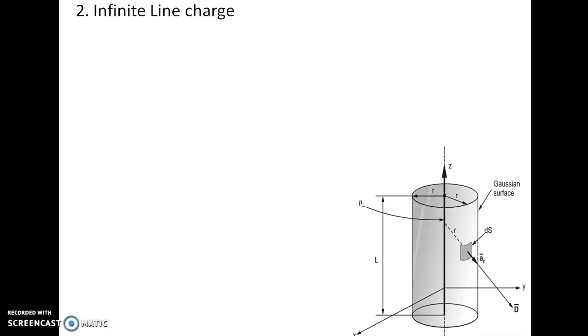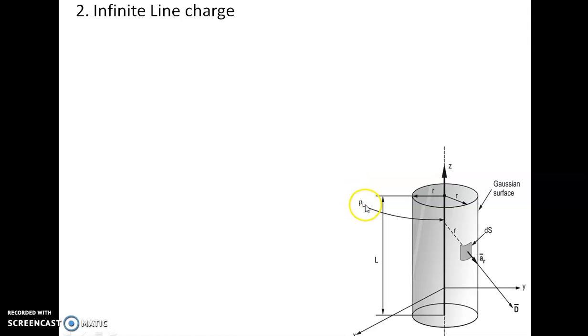Consider a line charge of infinite length which is placed along the z axis. One terminal of the line charge is at plus infinity and the other terminal at minus infinity. This line charge has a charge density of rho l.